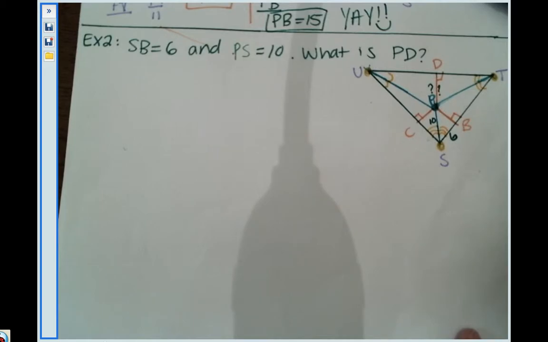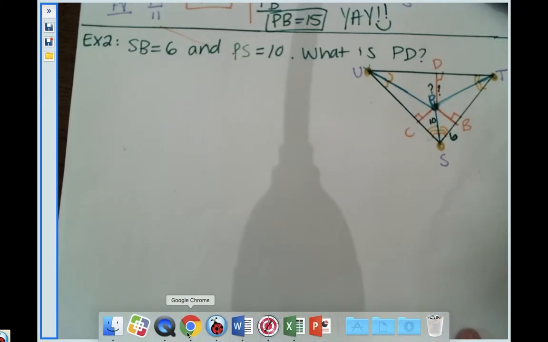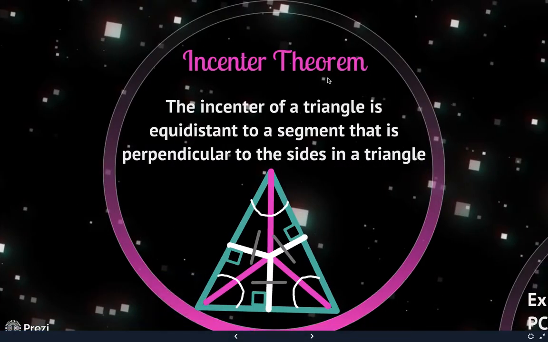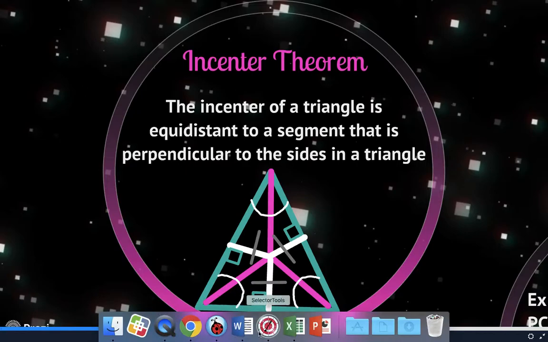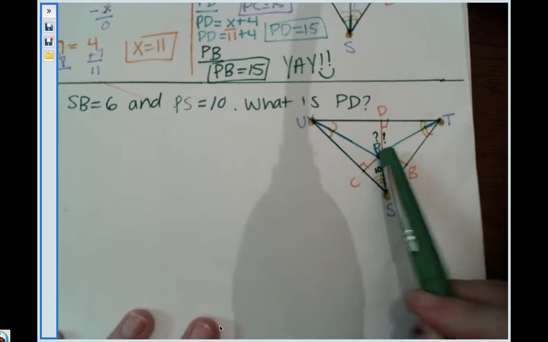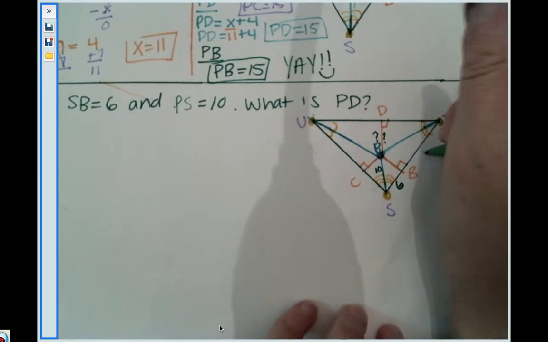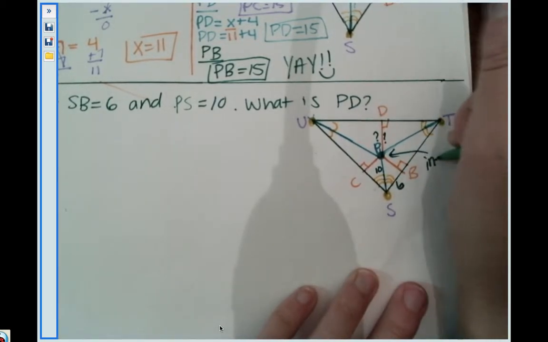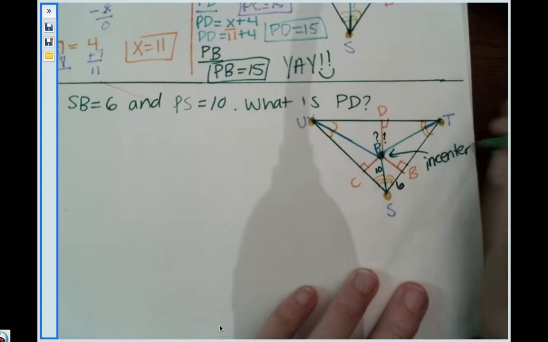If we go back to that lovely angle bisector incenter theorem, remember the incenter is the point where all three of my angle bisectors intersect. So if we look at this picture, P is my incenter right here, because that is where all my angle bisectors come together.